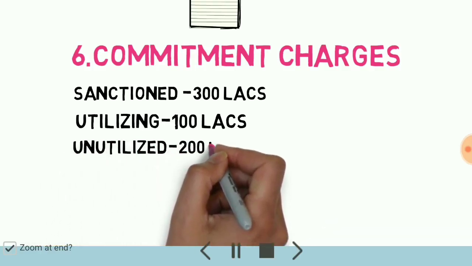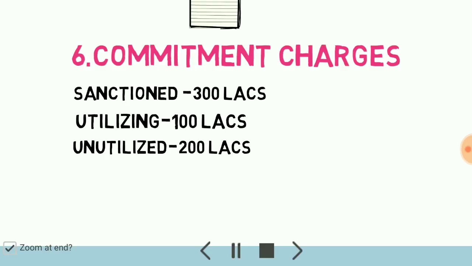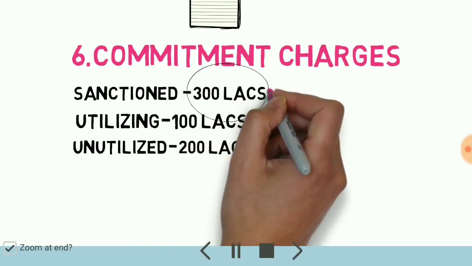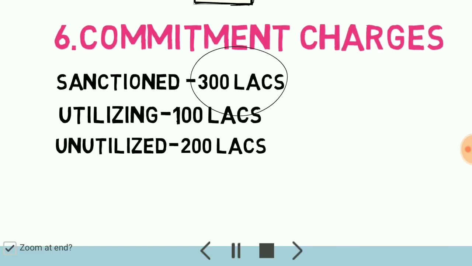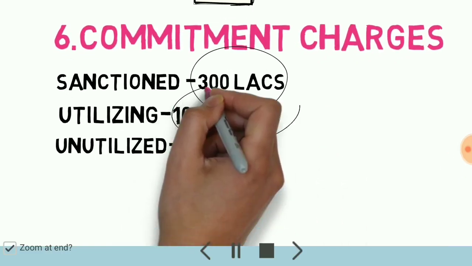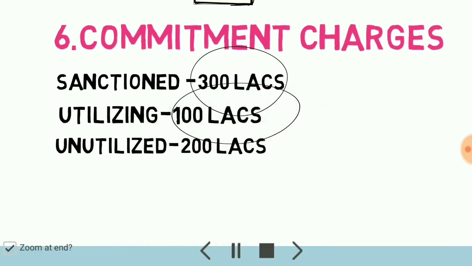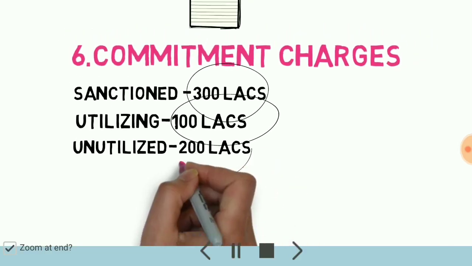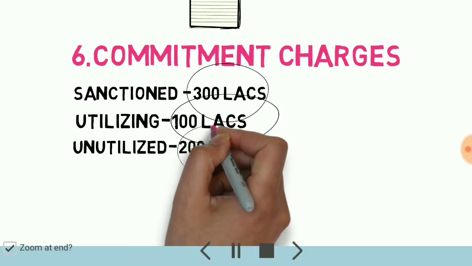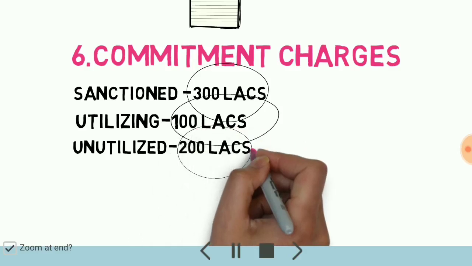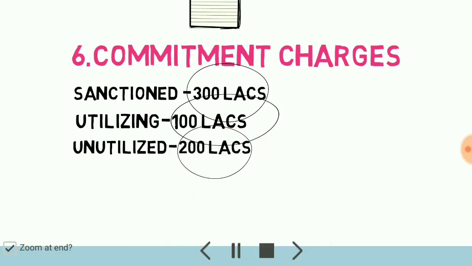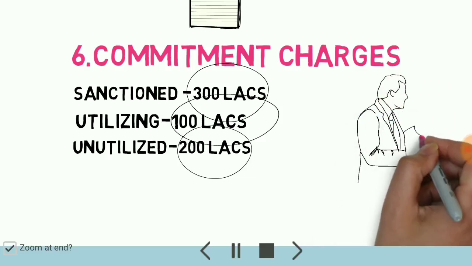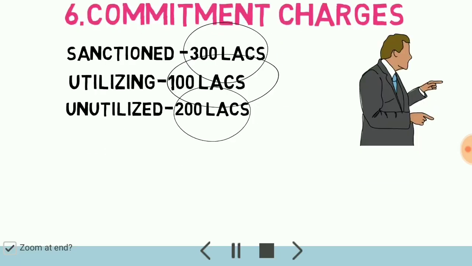So you are clearly making a misrepresentation to the bank that your requirement is 300 lakhs while you are utilizing 100 lakhs, which is your outstanding balance. You are not paying interest on 200 lakhs, which is an interest loss to the bank on the amount of rupees 200 lakhs. For this, the bank will penalize you and charge in the form of commitment charges for not utilizing your cash credit account fully.